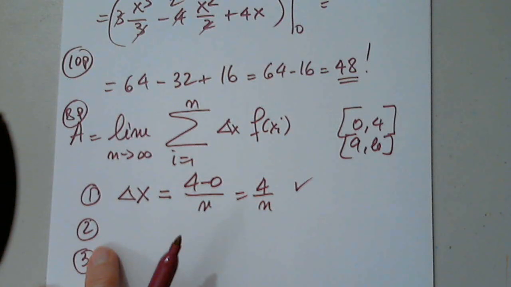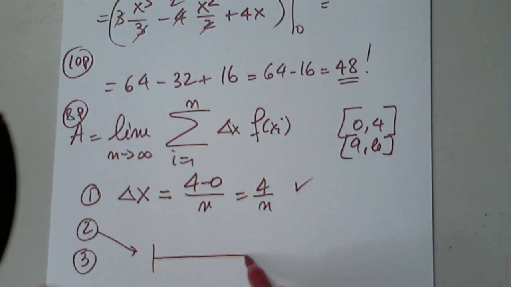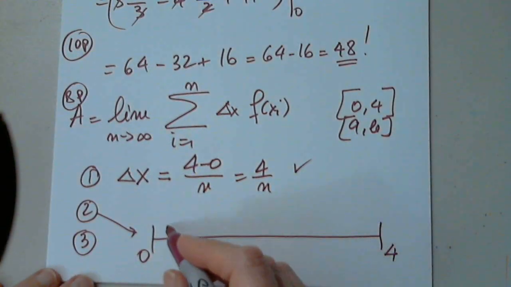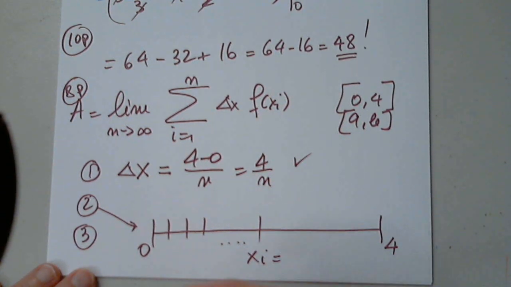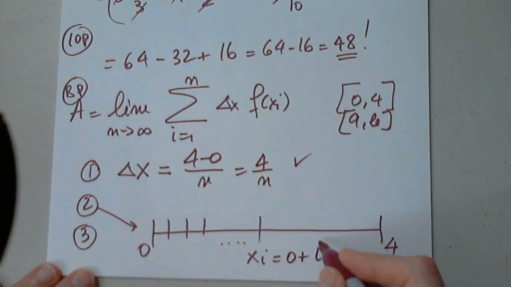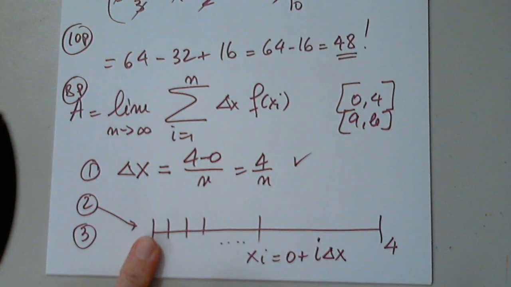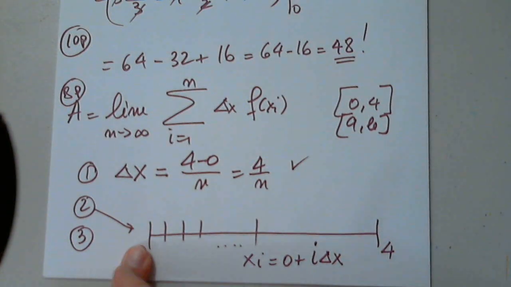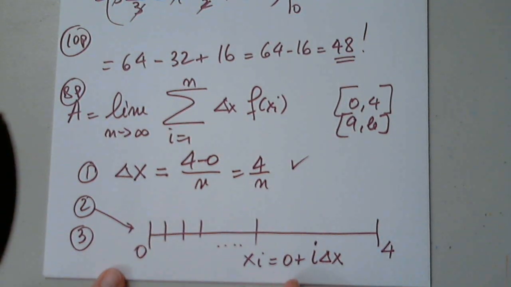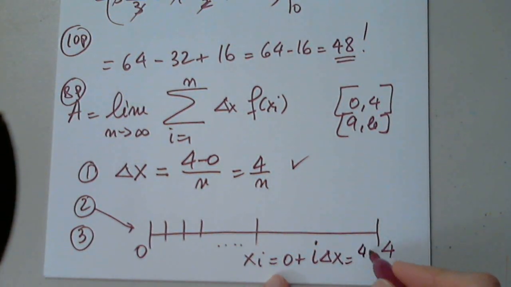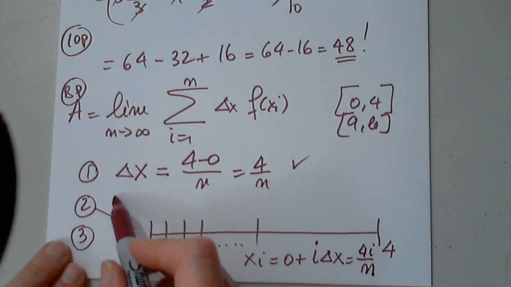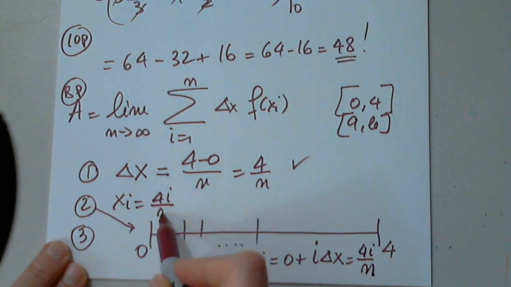The second prep, for the interval 0 to 4, is to determine x i. The x i is determined as 0 plus i delta x. If I have here 5 or 10 or negative 3, I will have negative 3 plus i delta x. I have 0 here, that's why I write 0 plus i delta x. But I have delta x, so this is simply 4i over n. So x i is 4i over n.